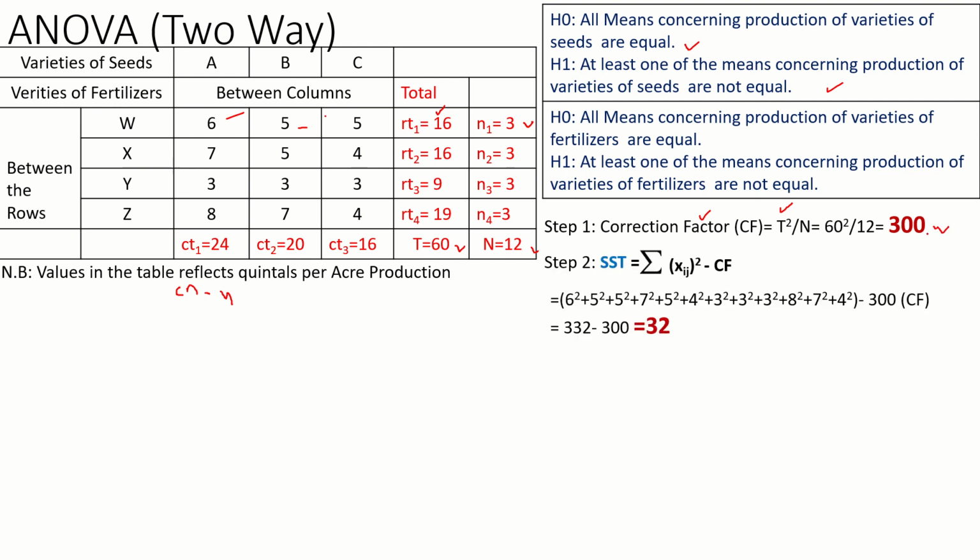Then the second step is the total. Total is the sum of all the value squares. How many values are there? 1, 2, 3, 4, 5, 6, 7, 8, 9, 10, 11, 12.